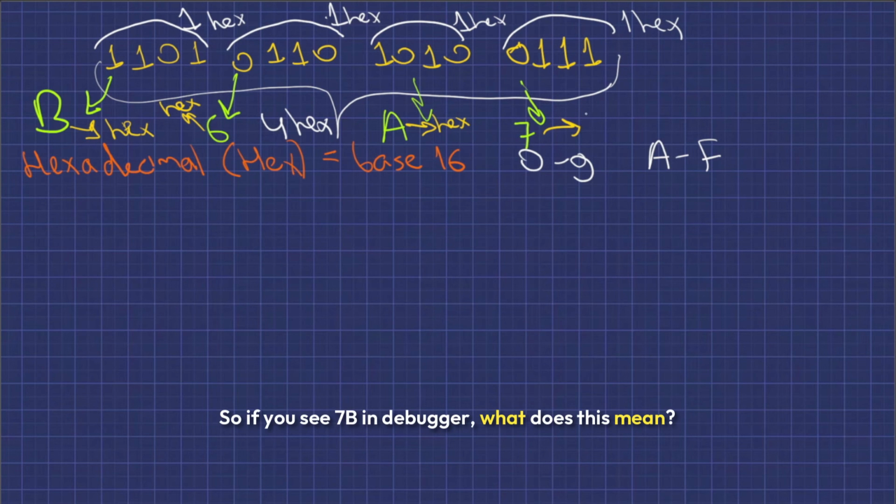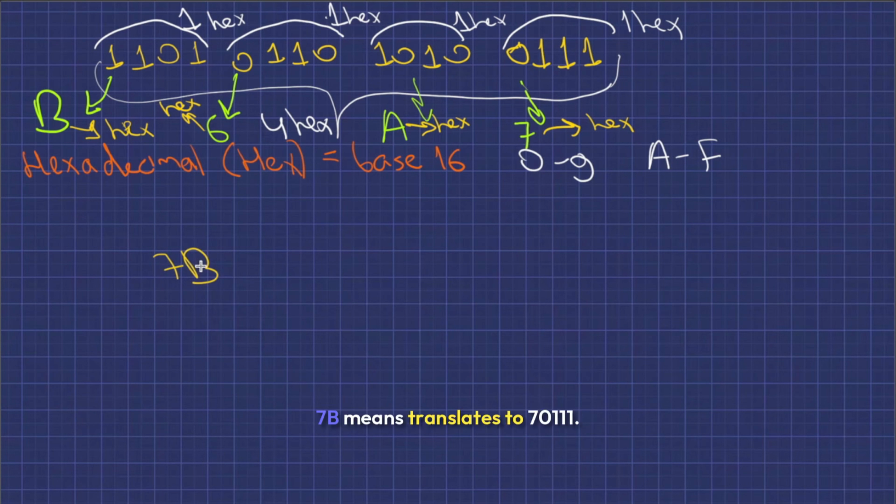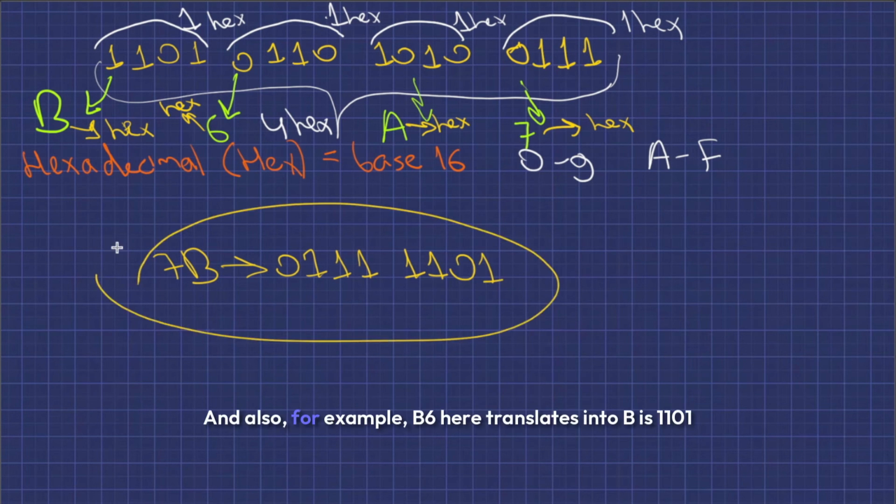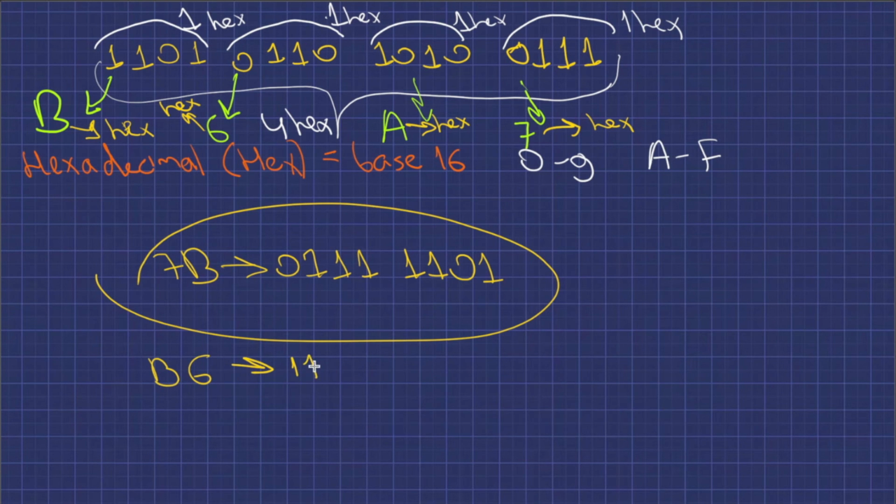So if you see 7B in a debugger, what does this mean? 7B translates to 7 is 0111, and B is 1101. Yeah, that's not so hard, right? And also, for example, B6 here translates into B is 1101 and 6 is 0110.